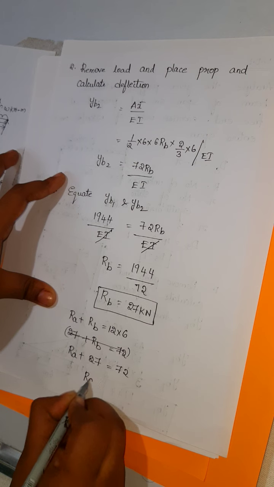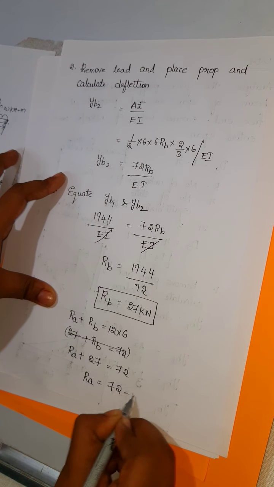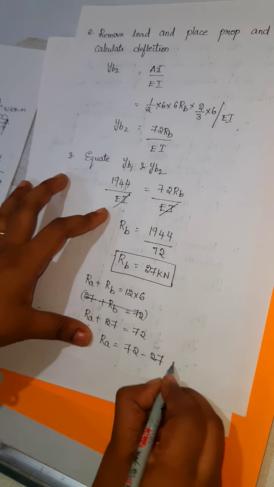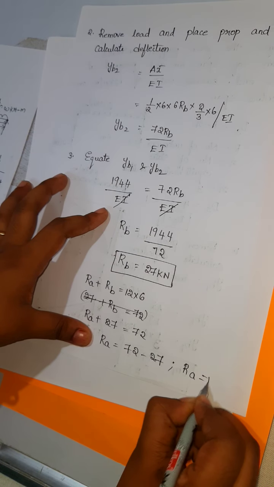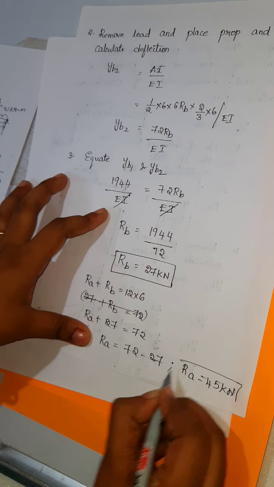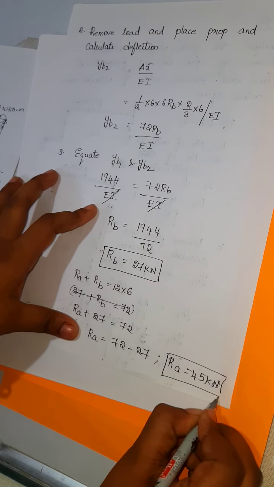So RA is equal to 72 minus 27. RA is equal to 45 kilonewtons. This is my reaction at A.